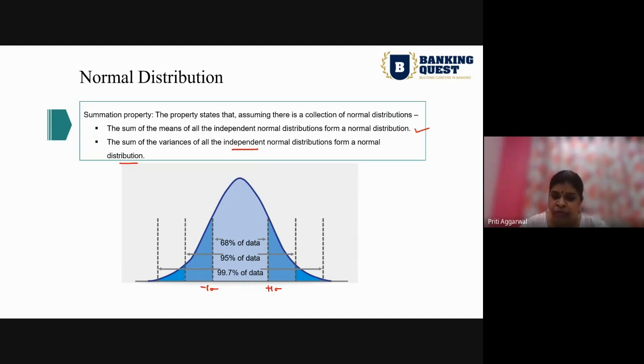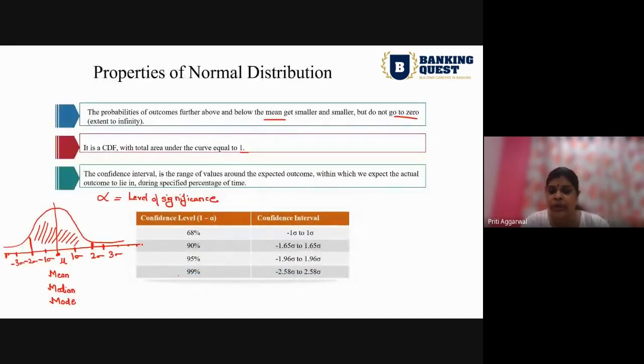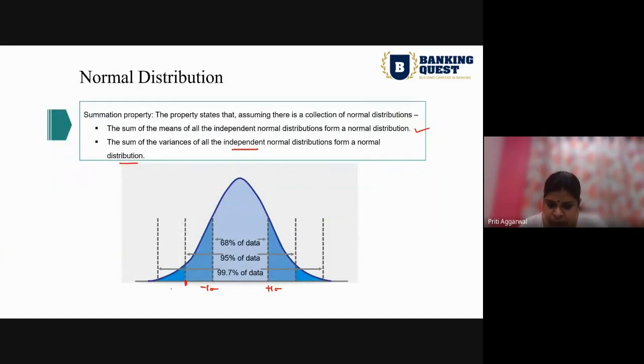And if I say 95%, it is over here. 95% of the data, we already said, is plus or minus 1.96 standard deviations, and 99.7 percent will be more than that, at plus or minus 2.58 standard deviations. That is how we calculate the standard deviation, or given a confidence level, I can calculate my variance.